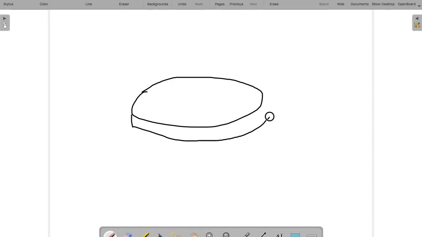Okay. And this is from the inside. Imagine now that you take a ball and you put it in the middle. Let's call this a ball.